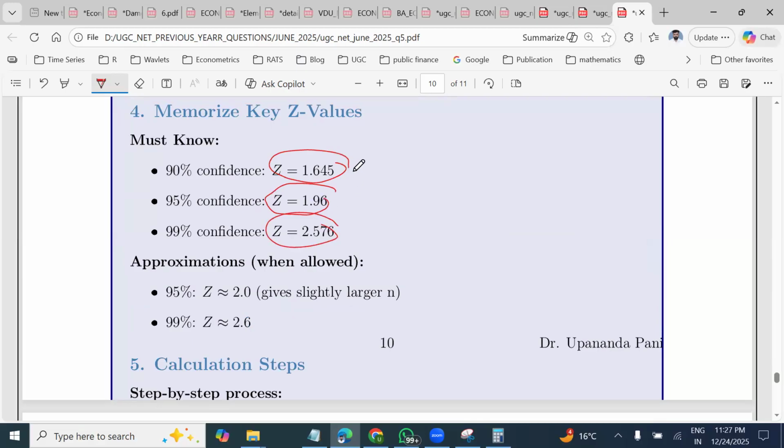So we can give this number like this. So 90% is Ajay, your value is 1.645. Ajay, you remember your number. And Sangeeta, your value is 1.96. Chinmay, your value is 2.576. So you can remember what is your number. Okay, very good.